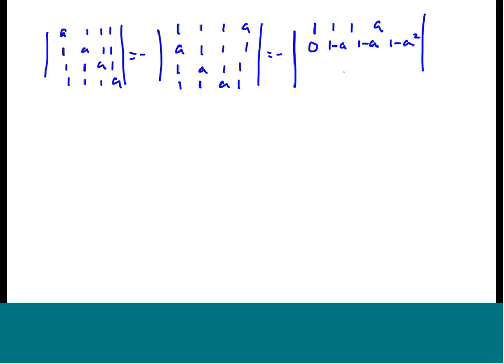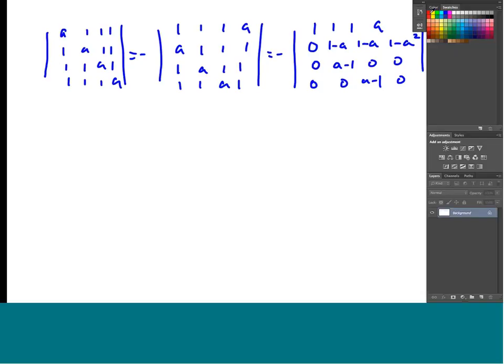A minus 1, 0. A minus 1, 0, 0. 0, 0, a minus 1, 0, right? So only that part matters now. Only this part matters now.